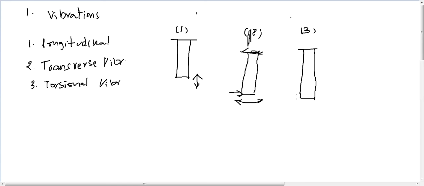But if you twist this about the axis of this bar circularly and leave it, it will try to vibrate in a circular fashion, and those vibrations we are calling the torsional vibrations.